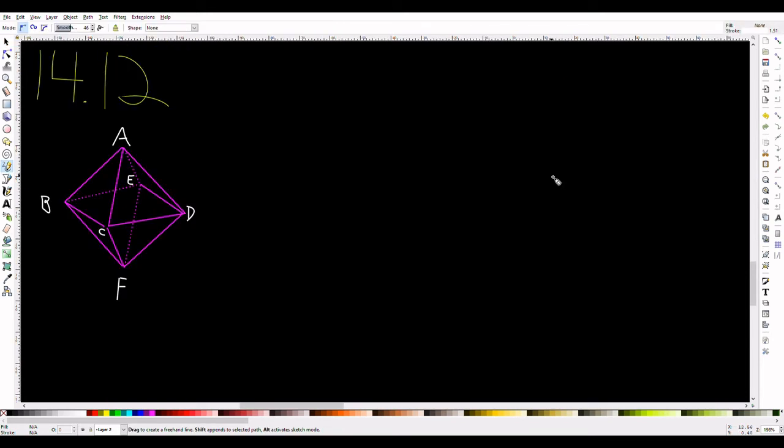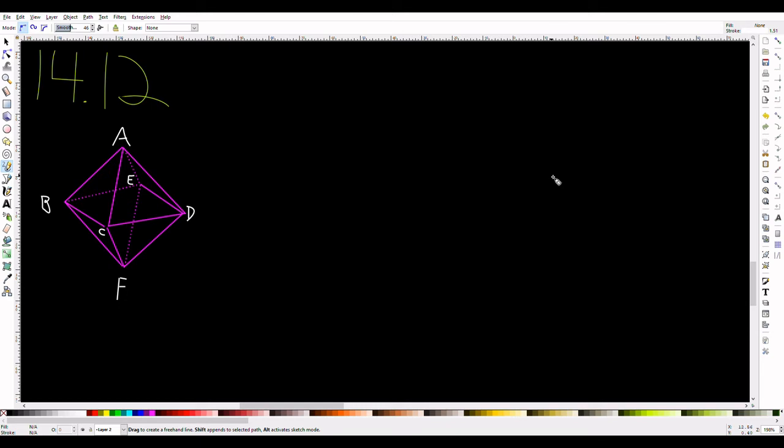In problem 14.12, we are given an octahedron. The first thing we are asked to do is find BD. So to find BD, maybe the first thing to consider is what plane BD is on.